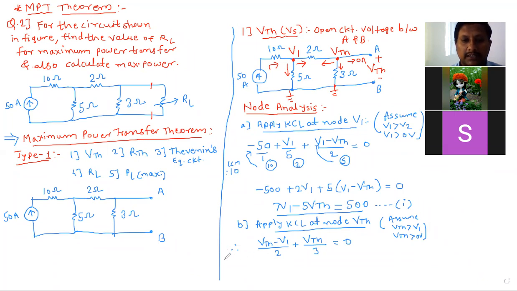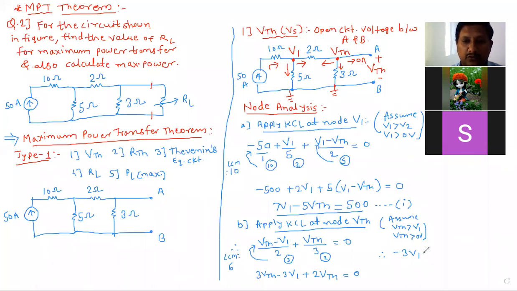So the LCM is 6. You can multiply here 3 and here 2. So 3 VTH minus 3 V1 plus 2 VTH divided by 6, but the right hand side is 0, so it will come 0. First of all, take minus 3 V1 first, because in the previous equation V1 is the variable at first position.